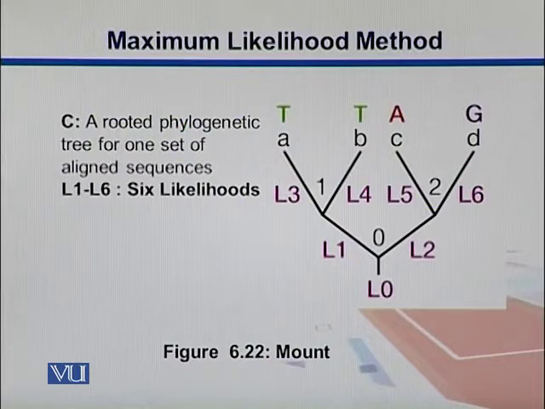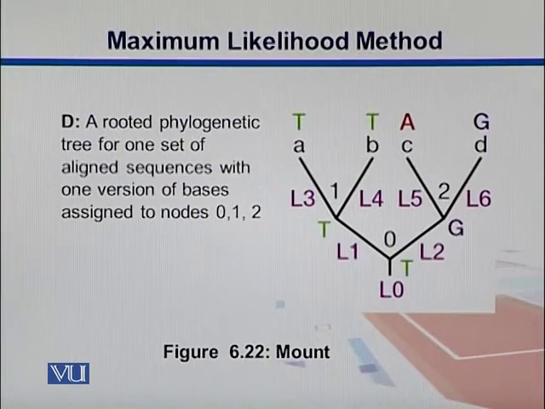In the same way we can come up with different likelihoods. The hypothetical ancestor at 0 has likelihood L0, and then we can have other likelihoods. Going from this ancestor towards the left, we have L1 and L2. Going towards the right, in the same way we have L3, 4, 5 and 6. So in total we have 6 likelihoods, or 6 changes, on the tree.